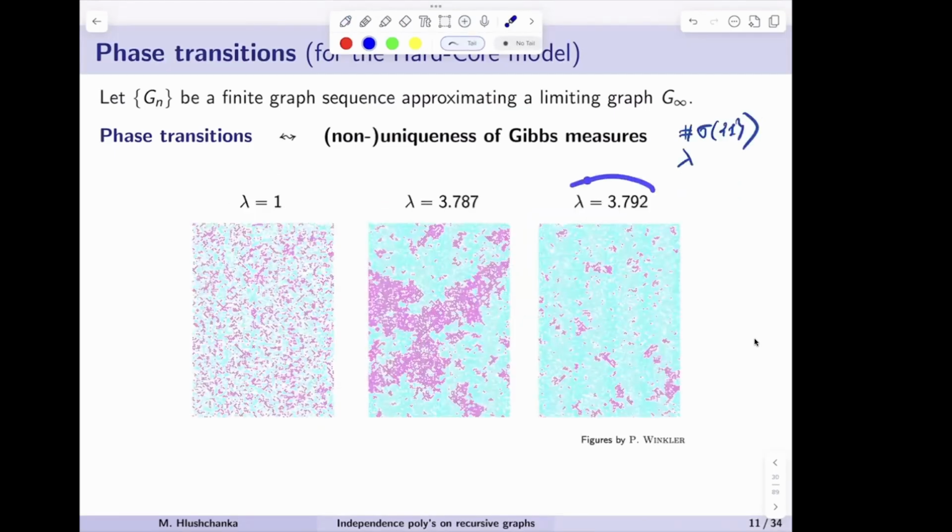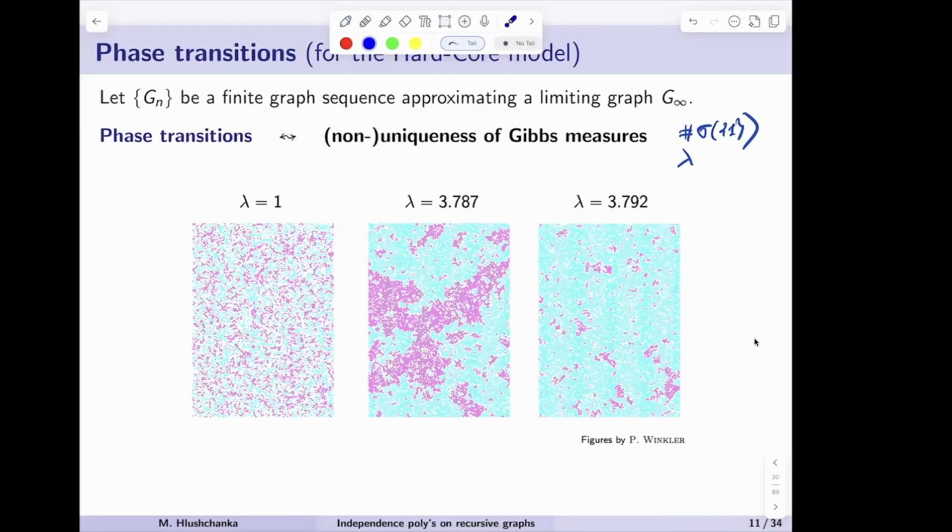So after some critical parameter lambda, the independent sets start to get some regular structure. When lambda increases, when we pick a random set, we are basically forced to pick vertices of just one particular color. This fact corresponds to the non-uniqueness of Gibbs measures, because potentially you have two different colors that you could pick.